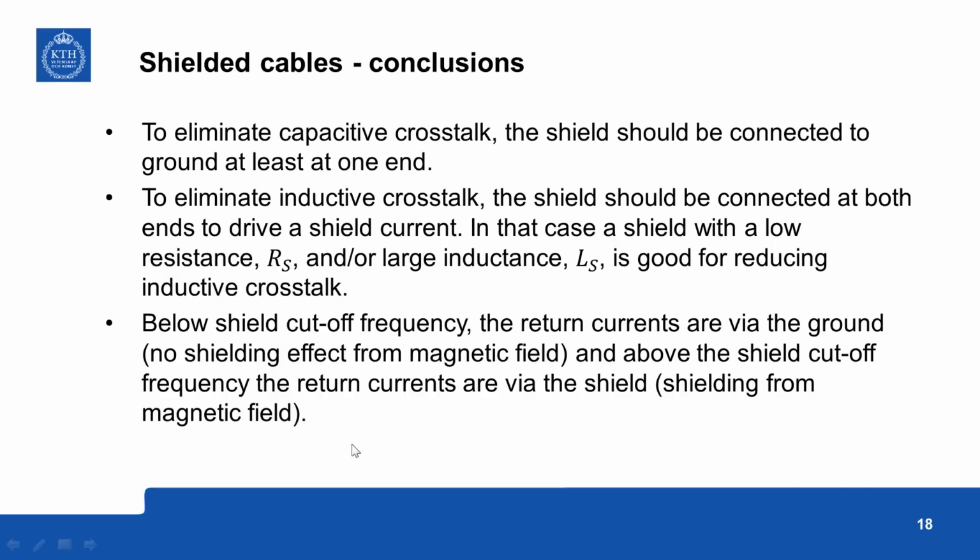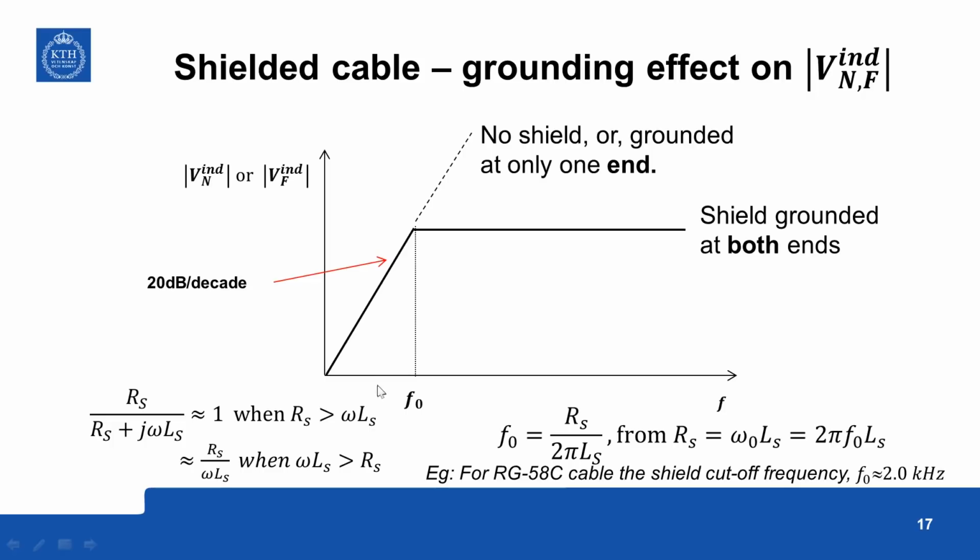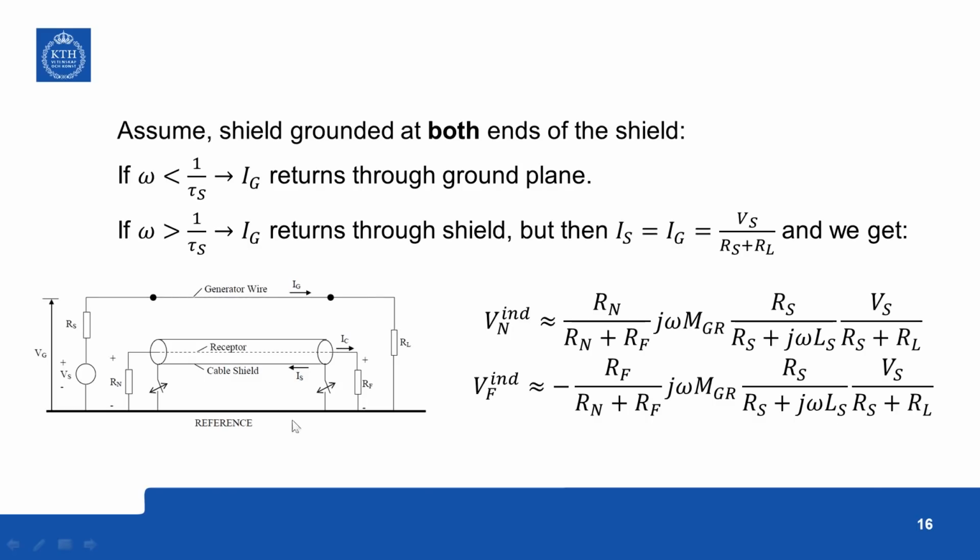So here we have shown a very important principle also, because often AC currents return via a path that will minimize the flux. So it's a general principle.